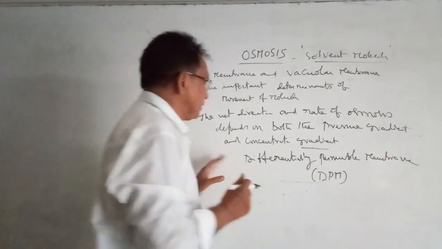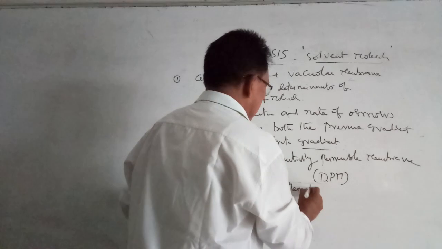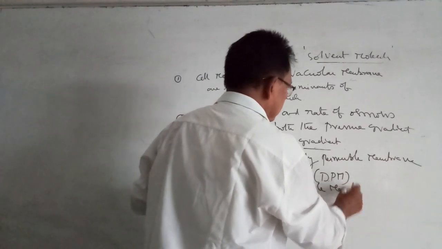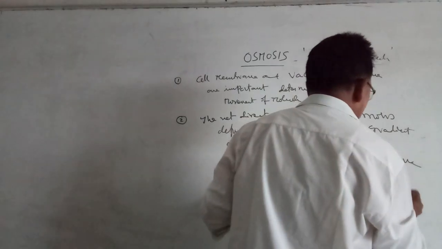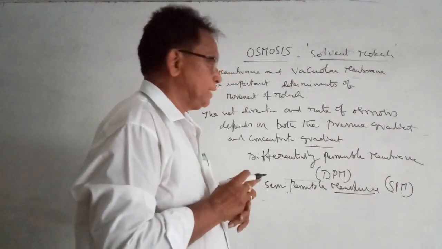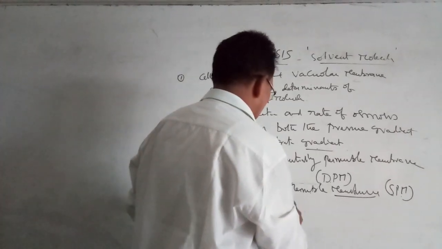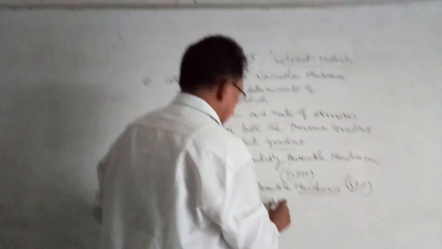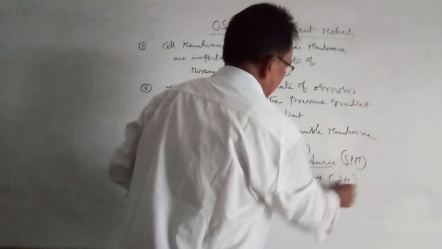This membrane we can sometimes also call a semi-permeable membrane, SPM. So there is DPM, SPM, and there is also another type of membrane called the permeable membrane, PM.